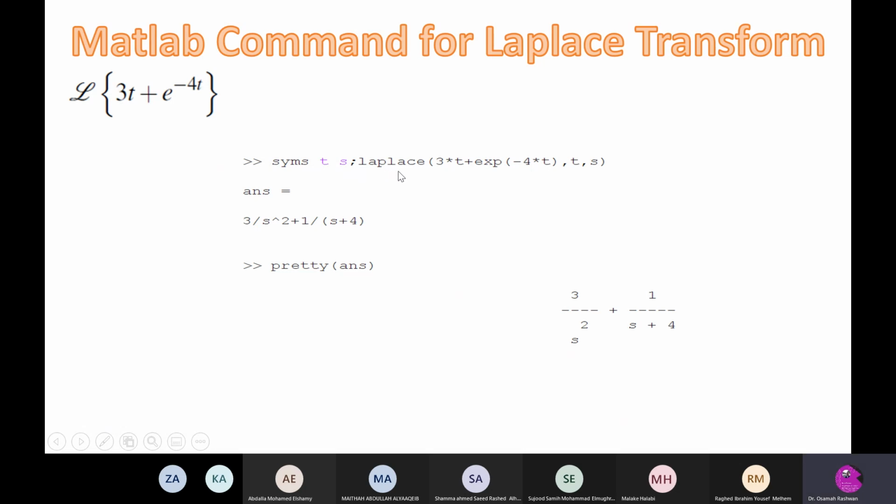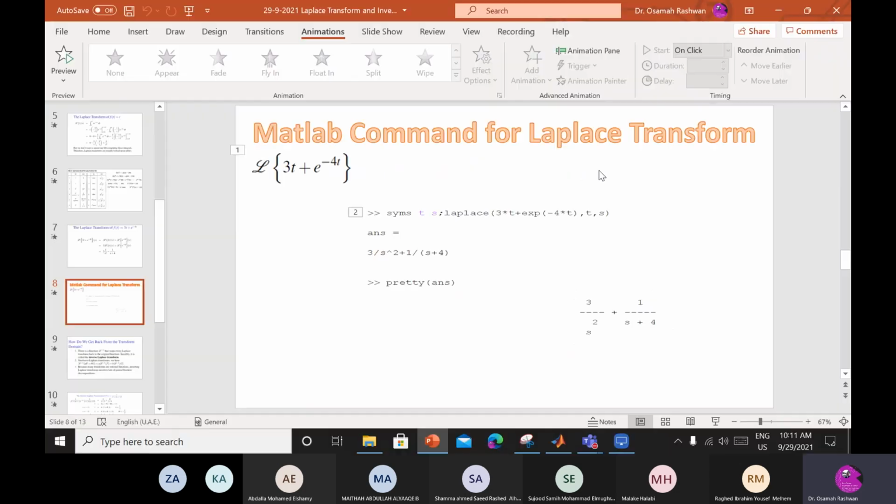The command for Laplace is laplace and open bracket, write the function, comma. When you're having Laplace transform, you write comma t as input, comma s as the output. In the inverse Laplace, you just write ilaplace, i from the inverse, and here you just put s first and then t. Let's try it in Matlab.